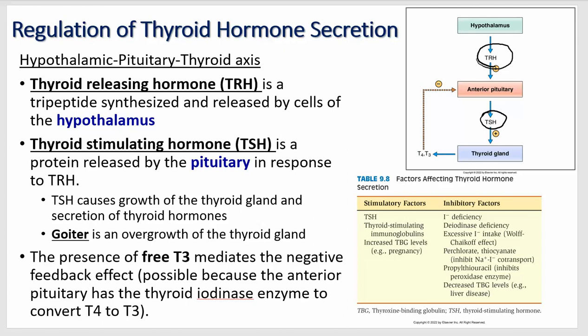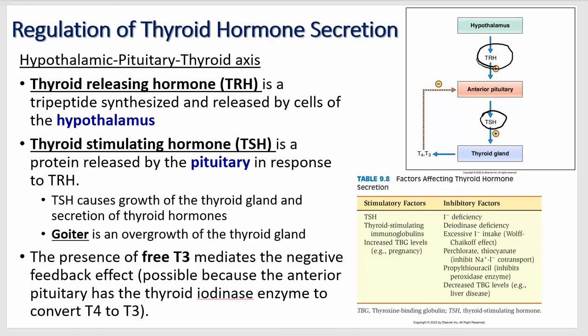If you have more stimulation, then your thyroid gland can get bigger. Okay, so the reason we mention that is because goiter is an overgrowth of the thyroid gland. It will start to protrude out, and you'll have this giant mass potentially on your neck because you're trying to make more and more and more thyroid hormone. Okay, and we'll talk about how that can happen.